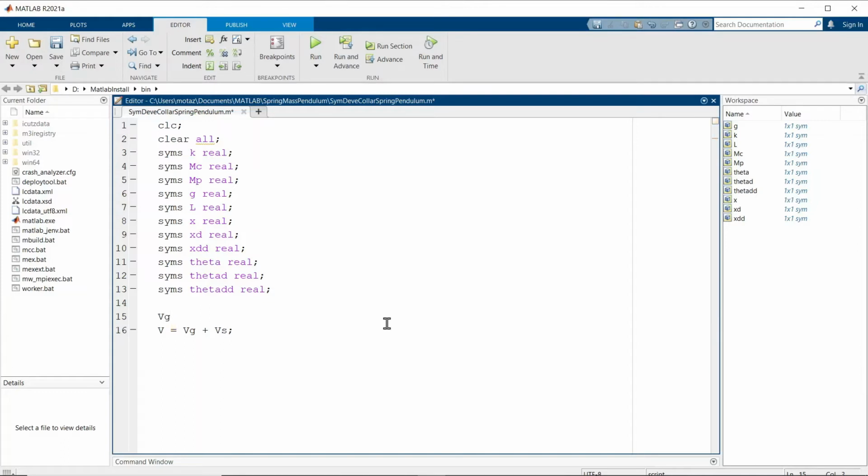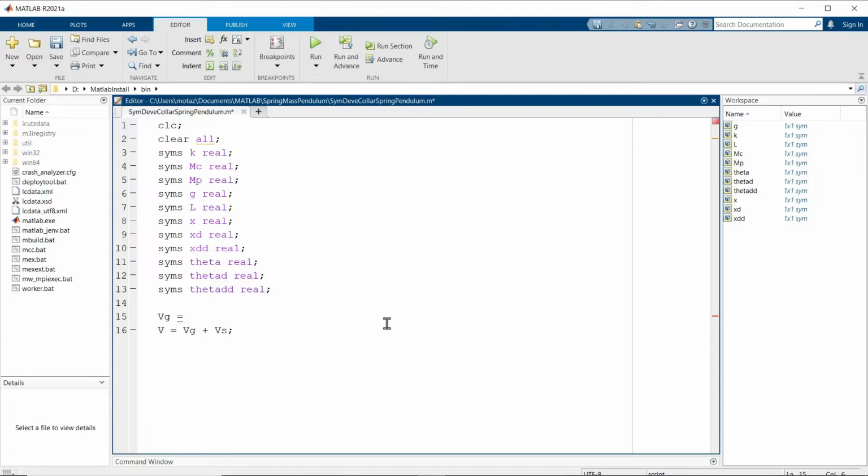The potential energy due to gravity will only be made up of the pendulum, since we can take our datum to be at the collar. So the collar will not have any change in potential energy.